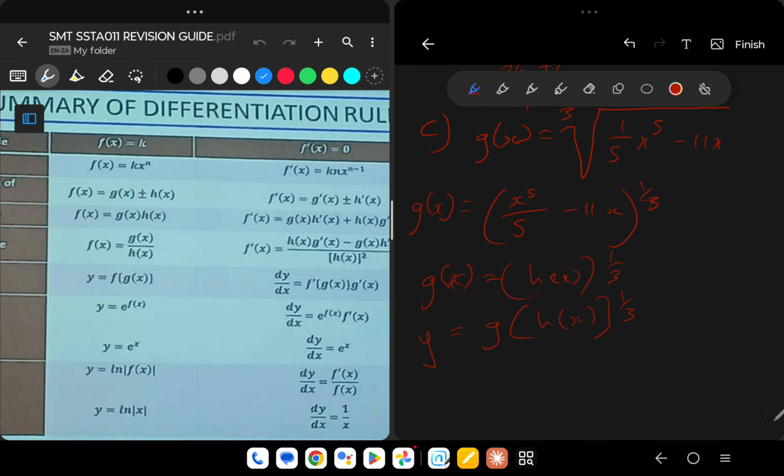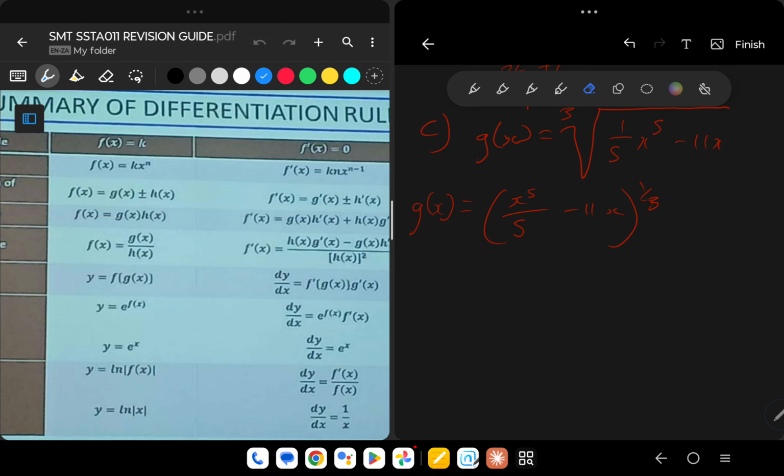So that is just how you have to apply your chain rule. So the chain rule says what? You derive the whole function that you have there, and then you multiply by the derivative of the function inside it.